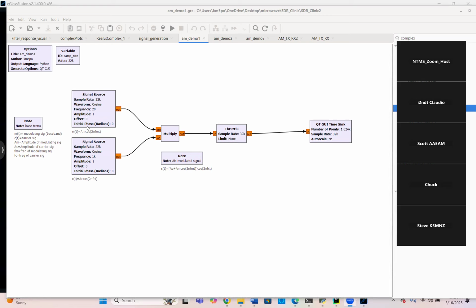Underneath this block, which might be hard to see, is m(t), our modulating signal, equal to Am cos 2 pi fm t. There are some terms over here to the left. m(t) is the modulating signal, or we could call it baseband, or audio if you want for this demonstration. c(t) is the carrier signal.